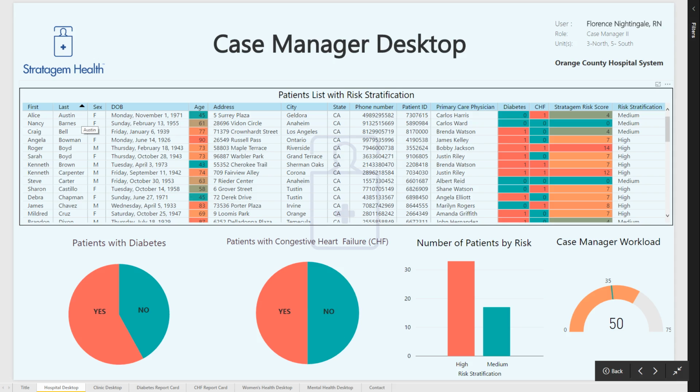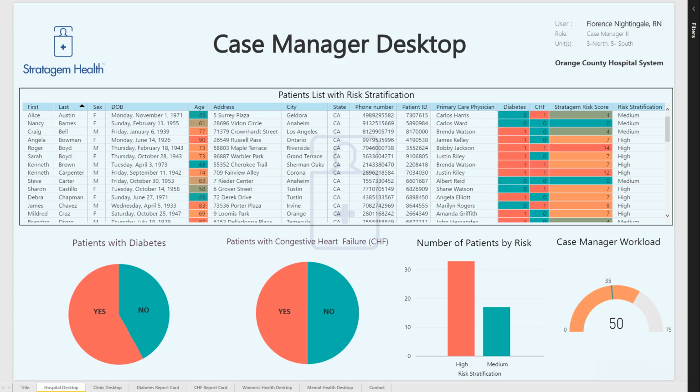Patients are listed by their name, date of birth, sex, age, address, and other demographics. And the two conditions are listed as well. Patients with diabetes are tagged with a red under that column, and patients with congestive heart failure are again tagged with red under that column.